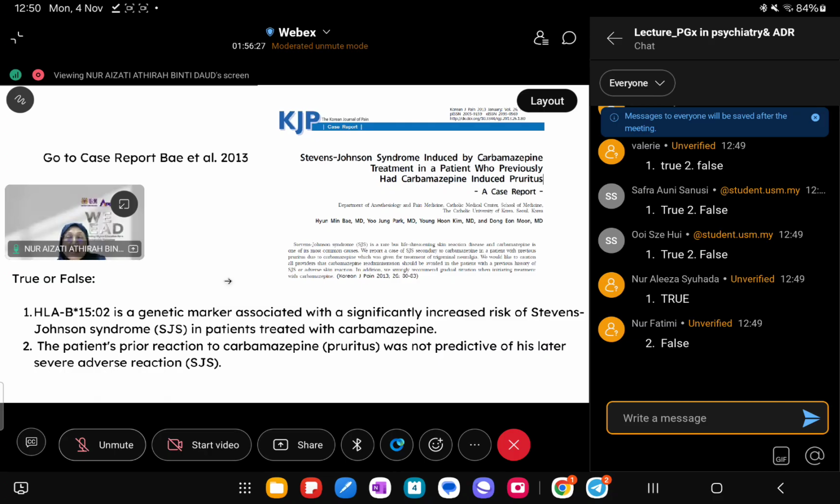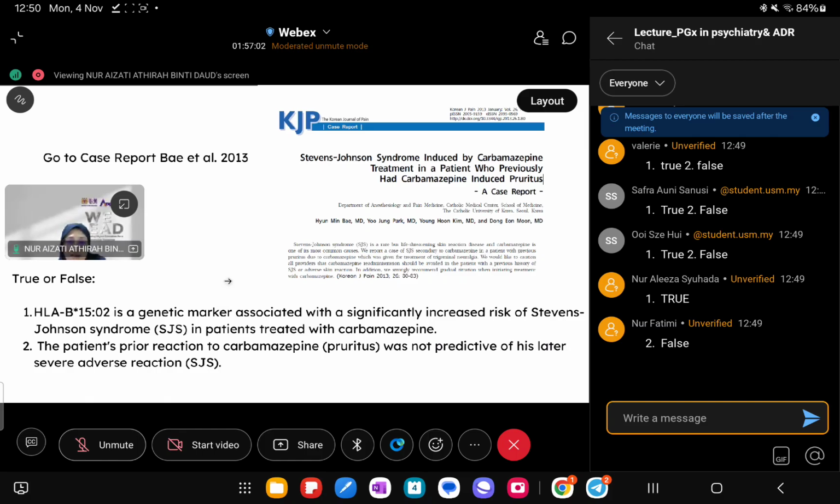Bukan warning sign jugalah. If the patient actually, when the time or the day that he was being prescribed with carbamazepine the second time, if we are in that situation and we ask the patient whether this patient has taken this drug before, and if the patient told you that, oh, I've taken this before and I got itchiness, so that is already a warning sign that this patient is likely to have this ADR.